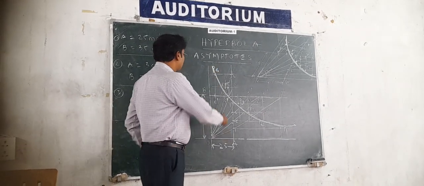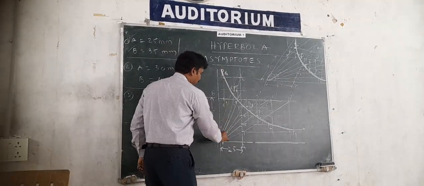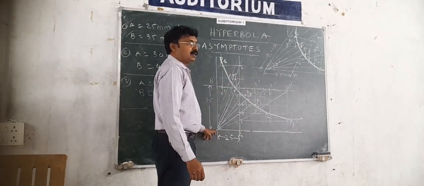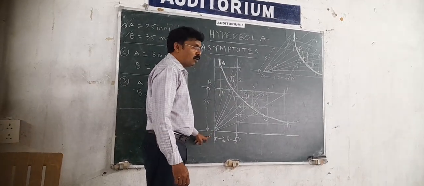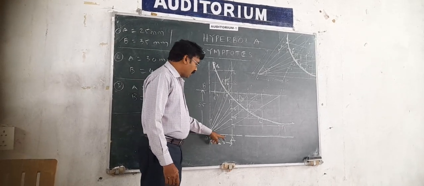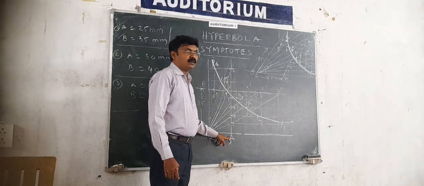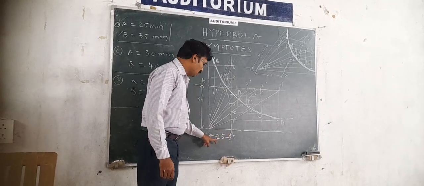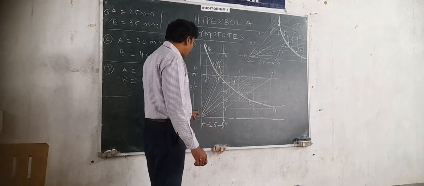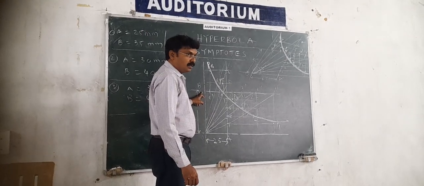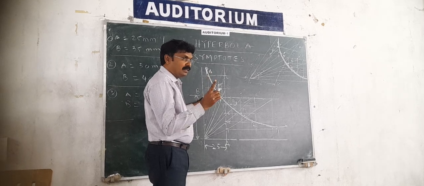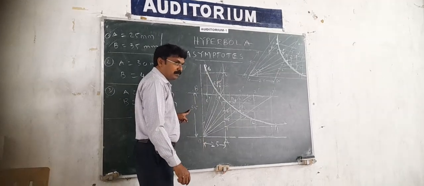Before that, draw the y-axis. Again, draw the x-axis. The intersecting point is O. From the point O, draw asymptote A with the given length 25 mm, and draw asymptote B on the y-axis with the given length 35 mm.